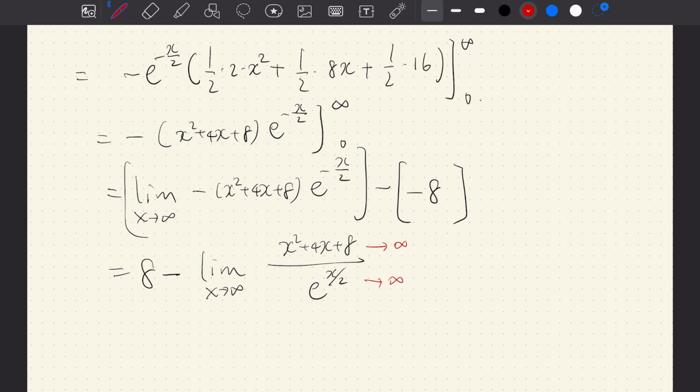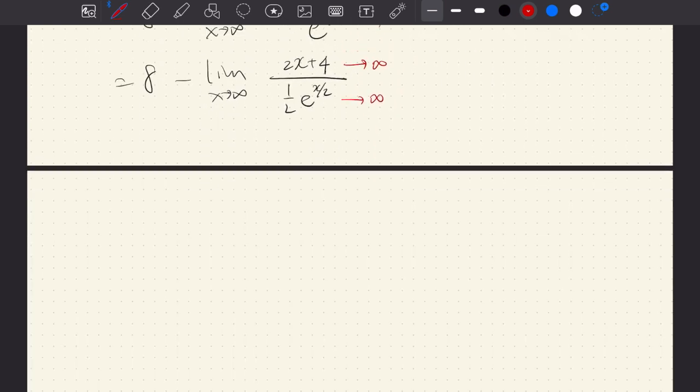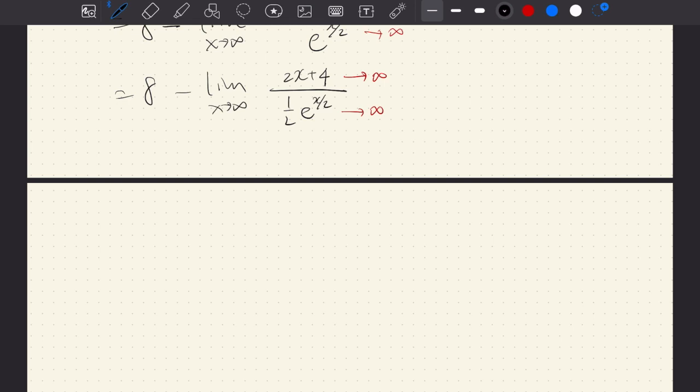So we have to use L'Hopital's rule. We differentiate the numerator, and we get 2x plus 4. And if we differentiate the denominator, we have 1/2 e to the x over 2. Now we can try plugging in, but here the numerator and denominator both go to infinity, so we use L'Hopital's rule again.